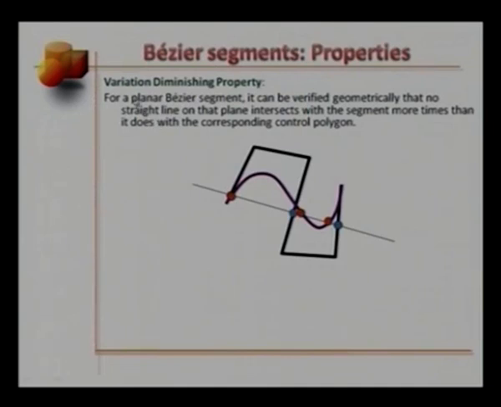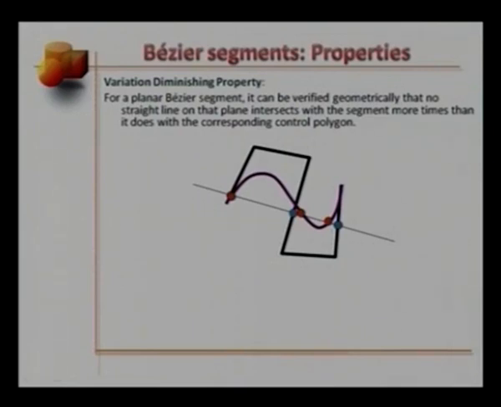What this property says is the following. It will never ever happen that the number of red circles will be more than the number of blue circles. In other words, the number of intersection points between the segment and this line will never be more than the number of intersection points between the control polyline and the intersecting line.